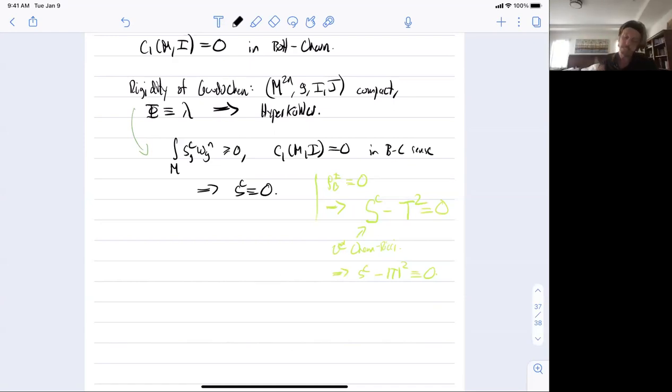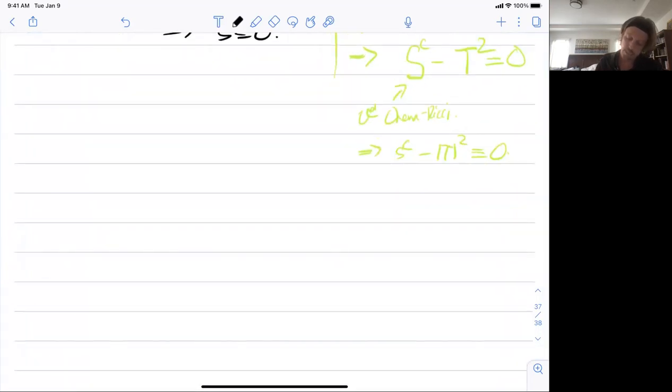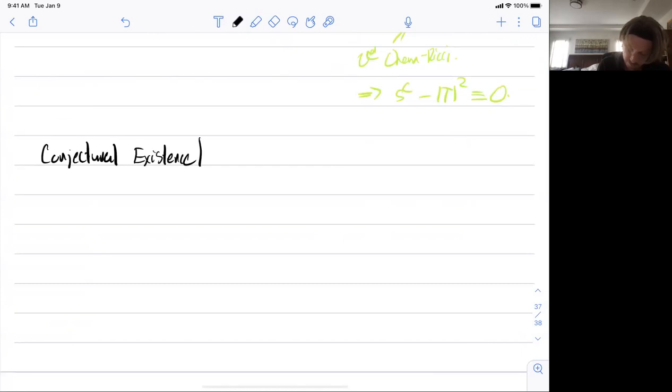So what might we expect then? Based on our general discussion of how these flows should go, there's a conjectural existence and convergence.